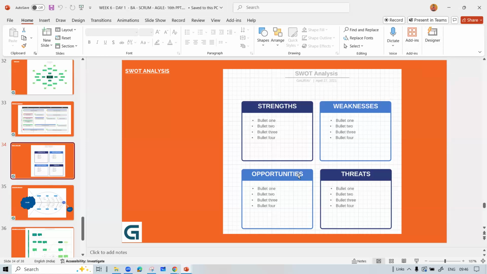It is generally done by the business analyst in the IT world when it comes to requirement elicitation. However, it is not confined to only the business analyst. This SWOT analysis can be done by anyone to achieve any sort of goal.